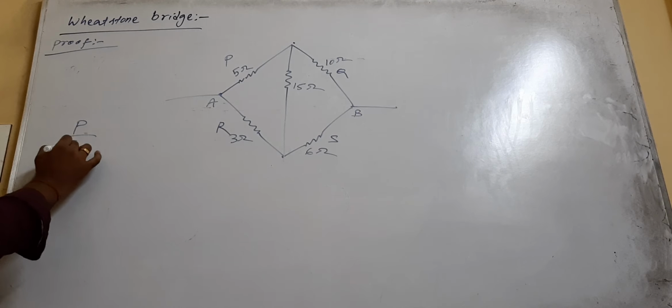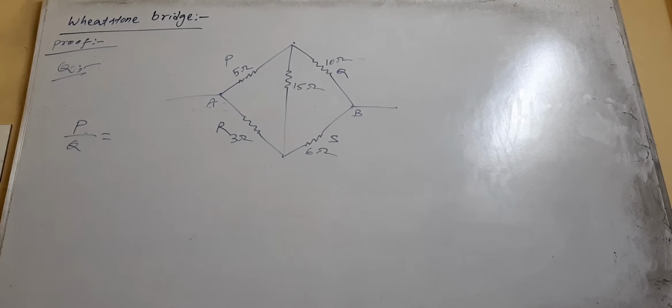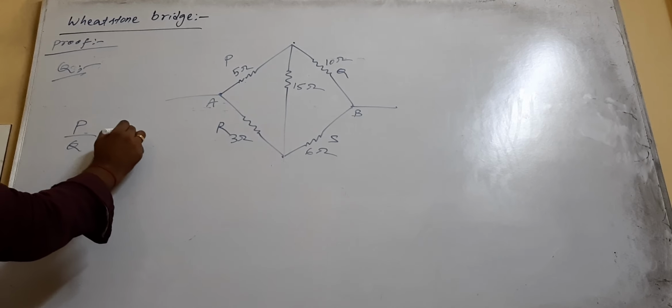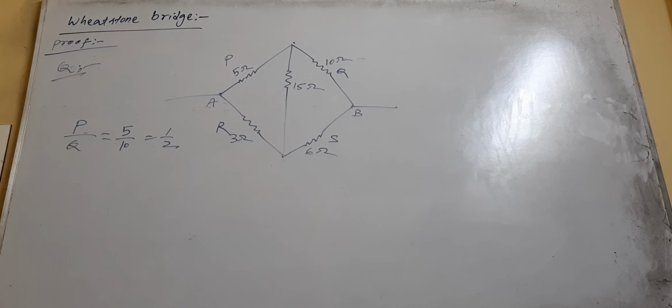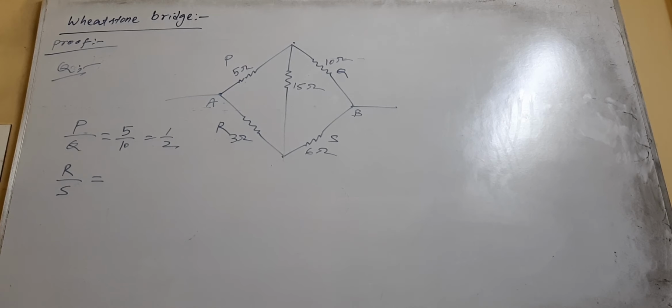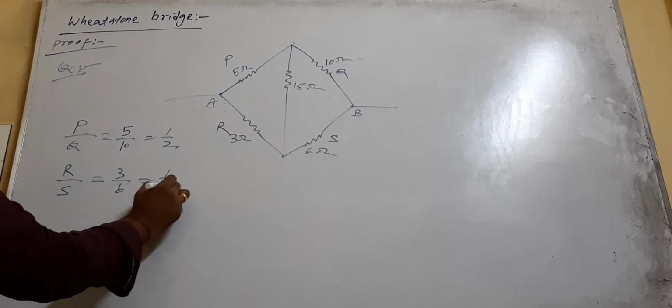You see what is P by Q? P by Q, that is 5 by 10, that is 1 by 2. Similarly, R by S, it is 3 by 6, it is also 1 by 2.